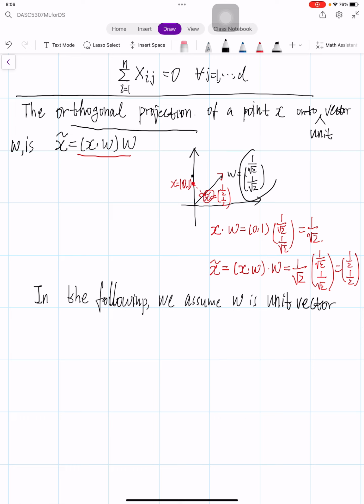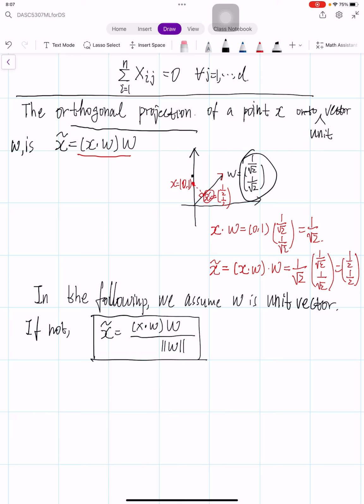For example, like this w, the length equals 1. If not, we just use the formula where we still take x inner product with w, multiplied by w, but we divide by the length of w to normalize it. But in the following we assume w is a unit vector, so we're gonna use this formula.